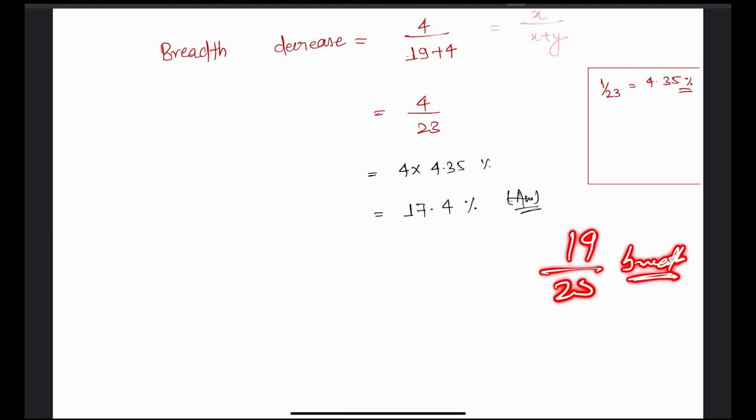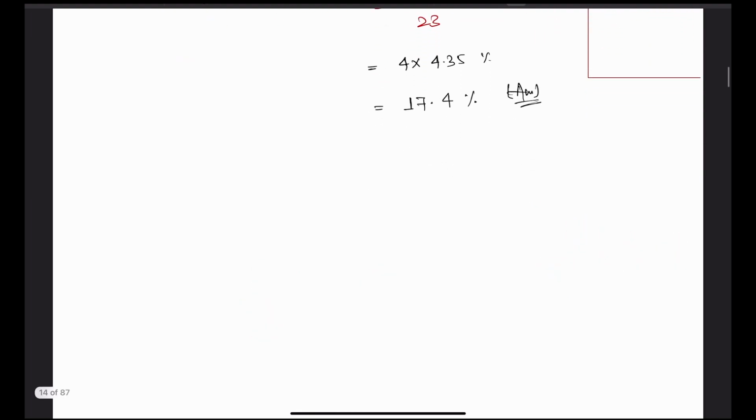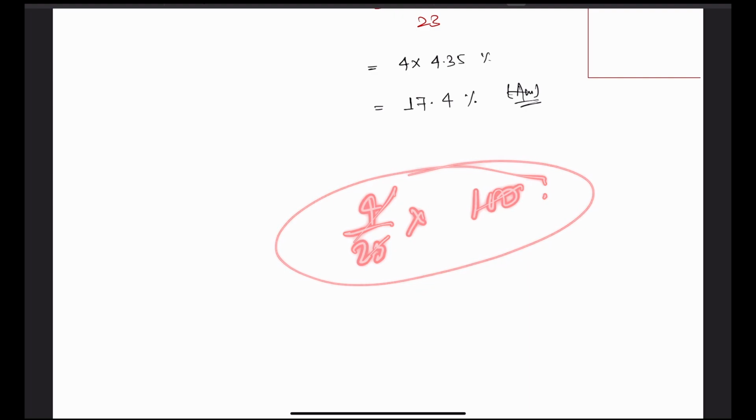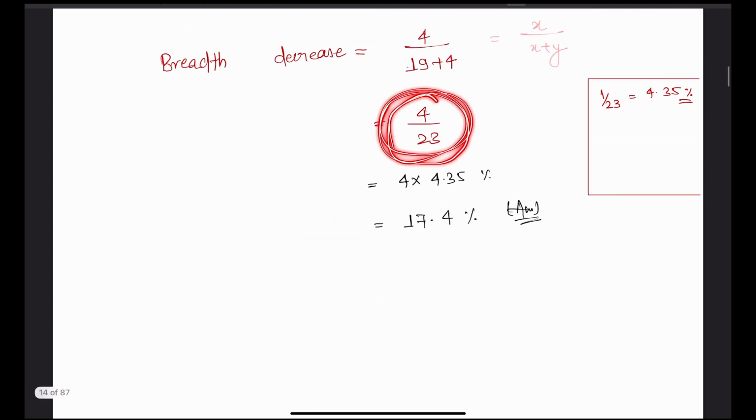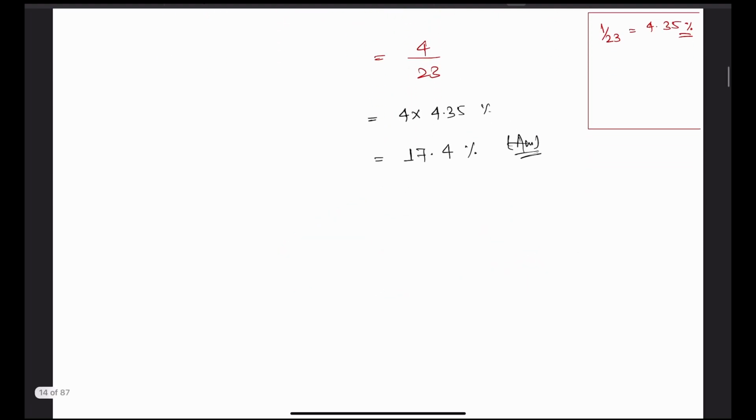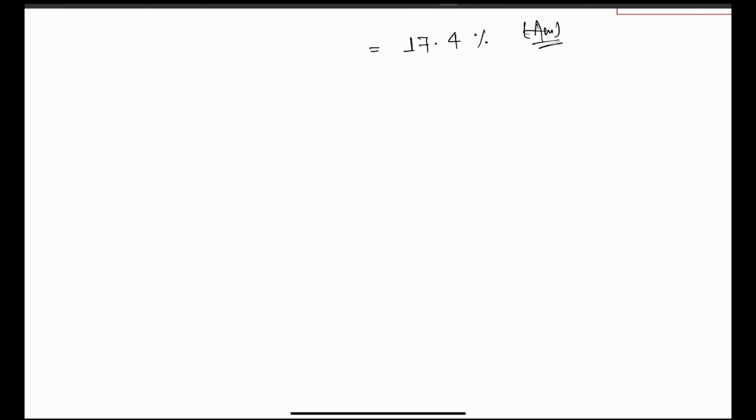Previously it was 23 by 23, now it's 19 by 23. So how much is the decrease? 4 by 23 into 100. By any means you calculate, you will eventually end up on this one. Let's try this approach as well.